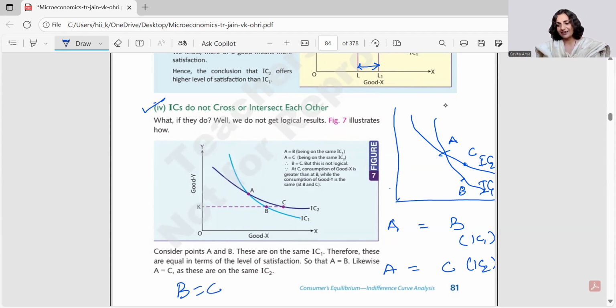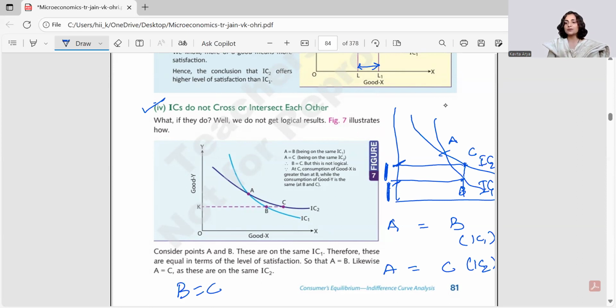Now, please check. B gives me this much of x and this much of y. But C gives me the same of x but higher of y. Is it possible at all that these are equal? No, they are not coinciding. C is giving us more of Y, so it is giving us more satisfaction.